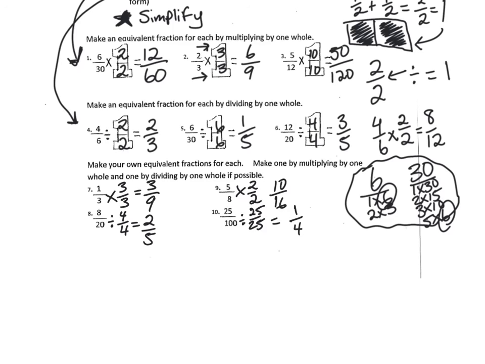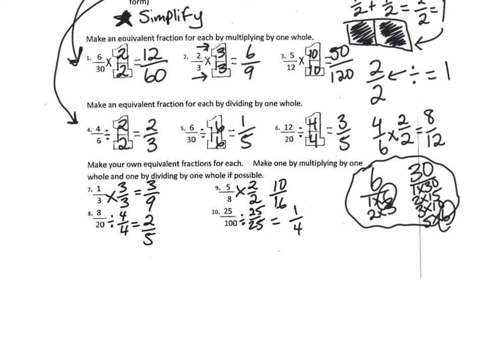All right, so as you're finishing up these notes and you're thinking about today, and really over the next several days, go back to the very beginning of these notes. Really think about what we started with. The word equivalent means the same or equal to. So we were looking for fractions that are the same, they're equal, they have the same picture if you were to draw them out.